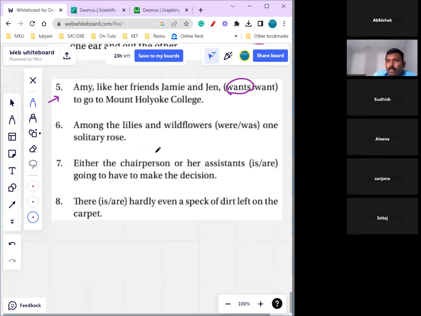Okay, number 6. Let's see who did not read it. Bhavani, can you please read this one for us? Number 6. Among the lilies and wildflowers, were or was one solitary rose? Number 6, what do you guys think? Okay, good.